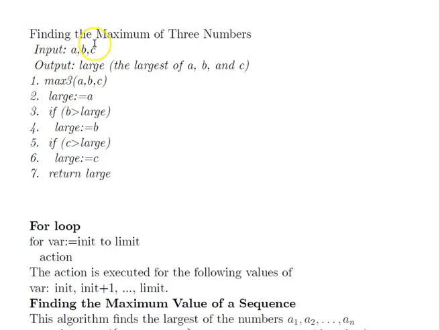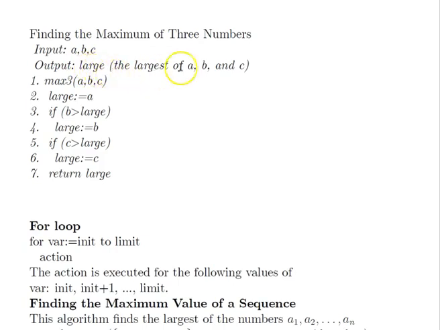We consider this example for finding the maximum of 3 numbers. The input consists of 3 numbers, a, b, and c. The output is the value of the variable large.